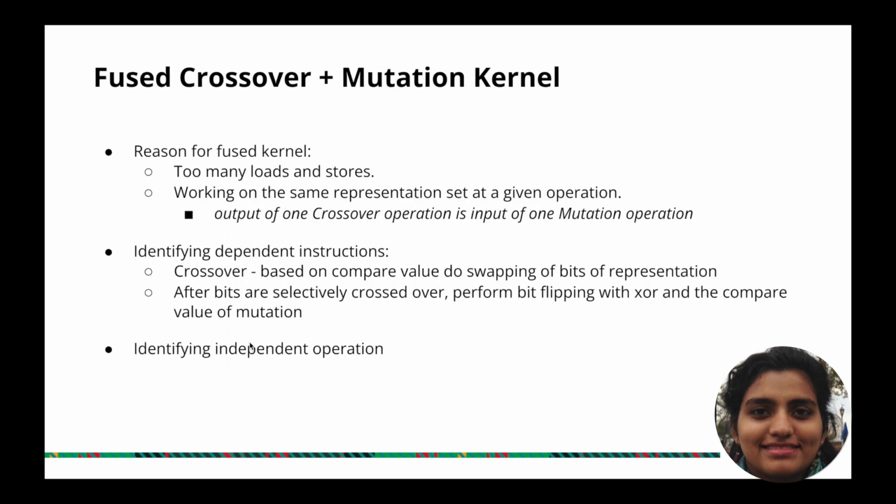And since there were still too many loads and stores in the mutation kernel, there was a need for a fused kernel because the output of the crossover operation was the input of the mutation operation.